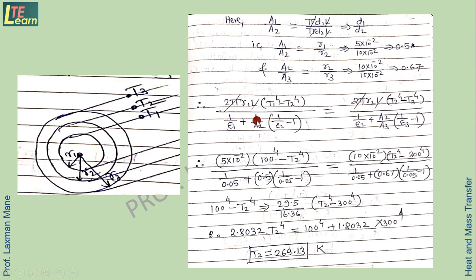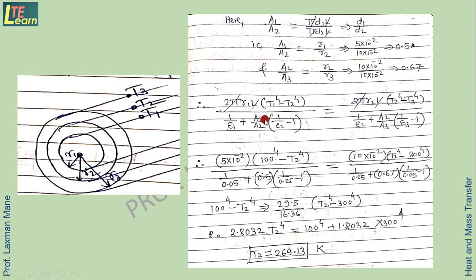Then in the last slide, the formula had area A1. Here area is written in the form of radius, that is 2 pi R1L into the temperature difference between 1 and 2. On the right side, the surface area for radius R2, that is 2 pi R2L into the temperature difference between 2 and 3, divided by these expressions.